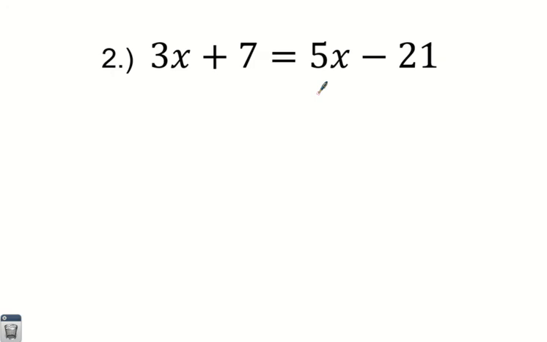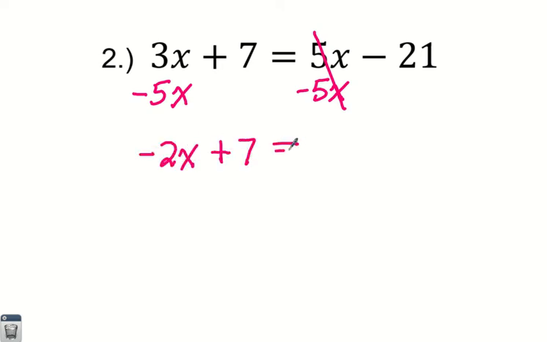Maybe I'll do it both ways real quick. I tend to be someone who likes getting things on the left. I don't care that 3x minus 5x gets me negative 2x. And what remains over here is a negative 21.